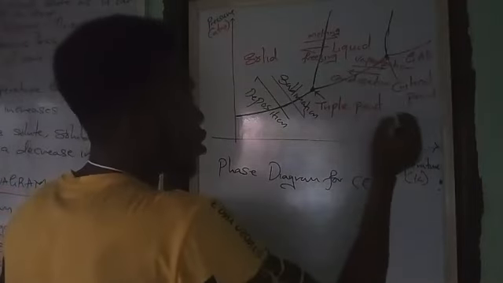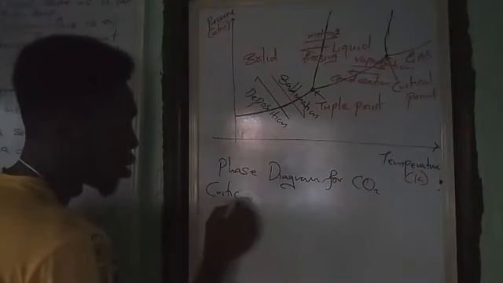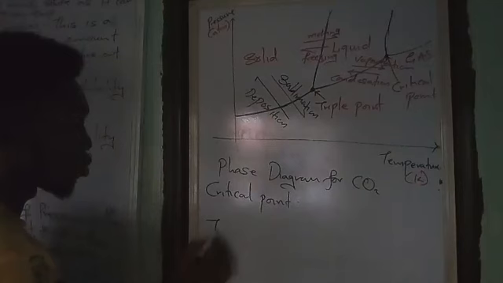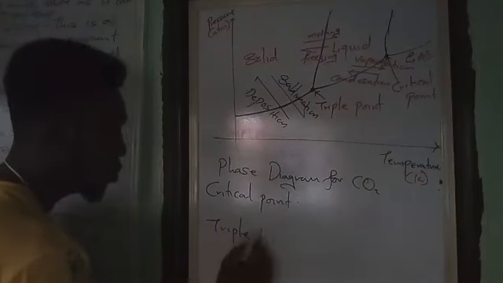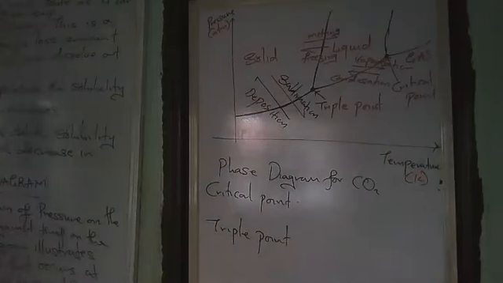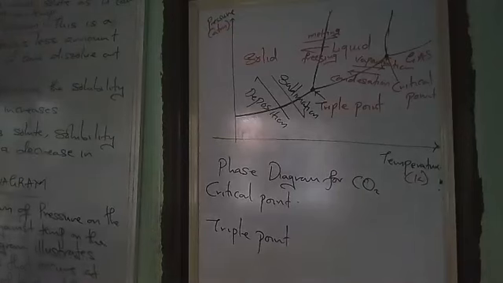Your critical point is usually at a particular temperature of 31 degrees Celsius.